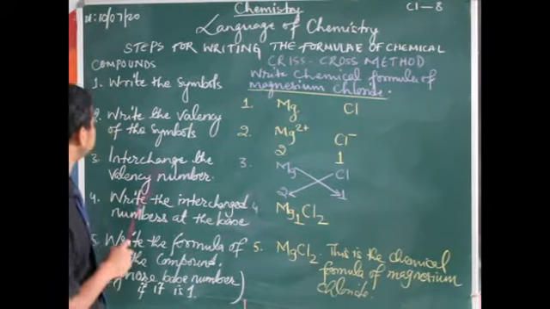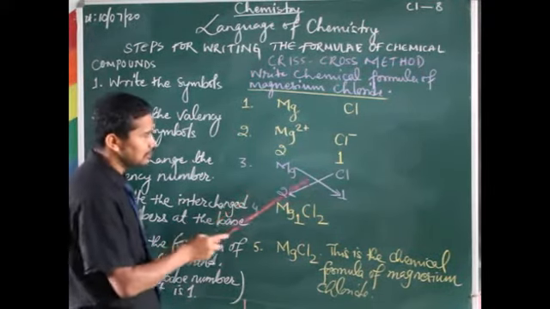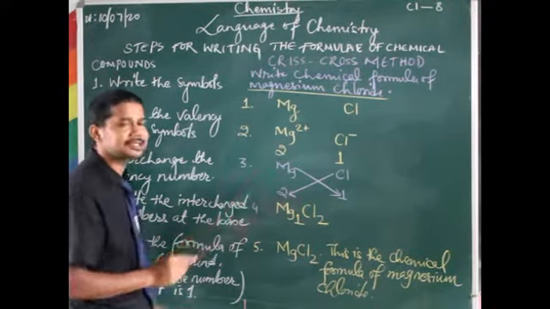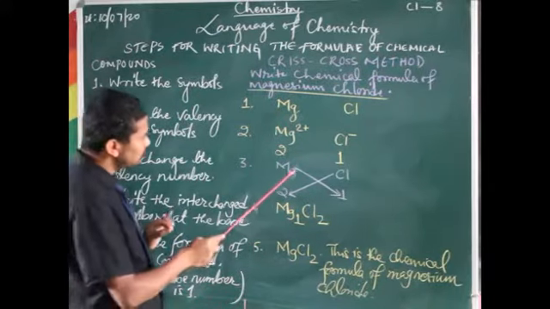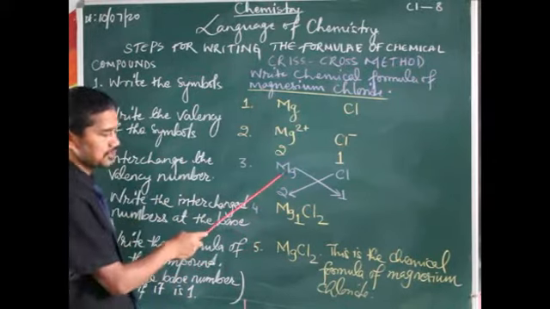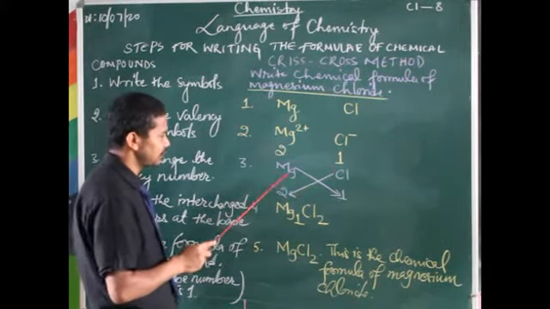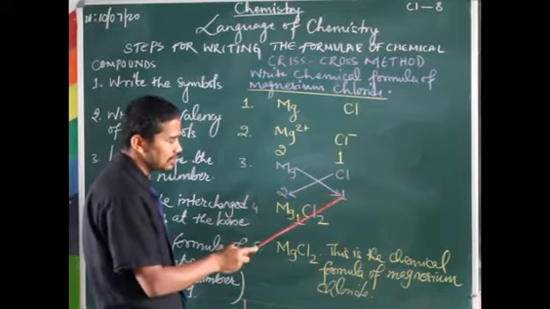Then we'll come to step number 3, that is interchange the valency number. First of all, you write the symbol without charge, because this charge will make you confused. So just write valency and the symbol. So magnesium valency 2, chlorine valency 1.